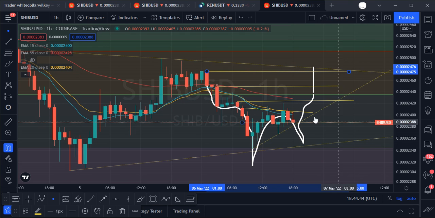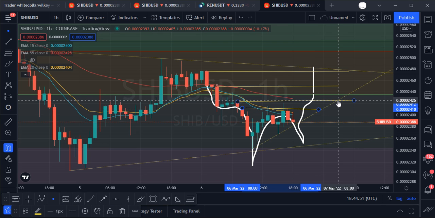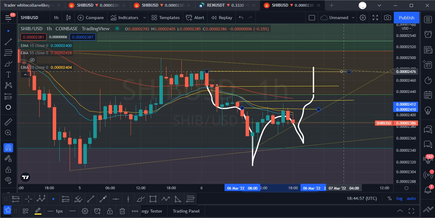So different places. If you want to average in, or I don't know if you do it all at once or what. Average in, average out. All these lines across are potential places to have a bit of a flutter.